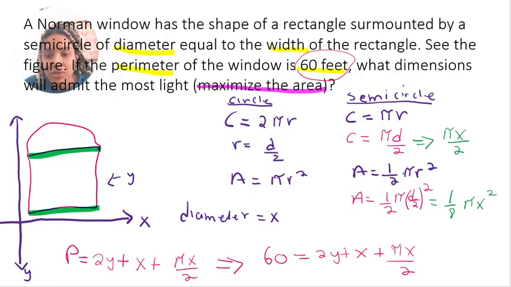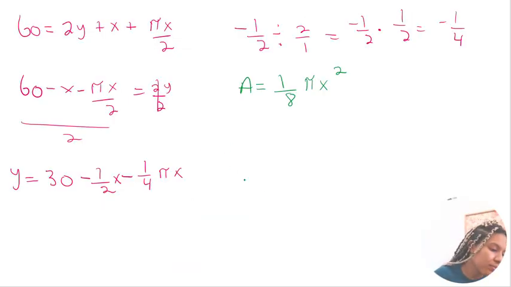From the actual formula of the area of a circle, to then take it to the area of a semicircle in terms of diameter. All right. Okay. And then this is the area of the semicircle, right?